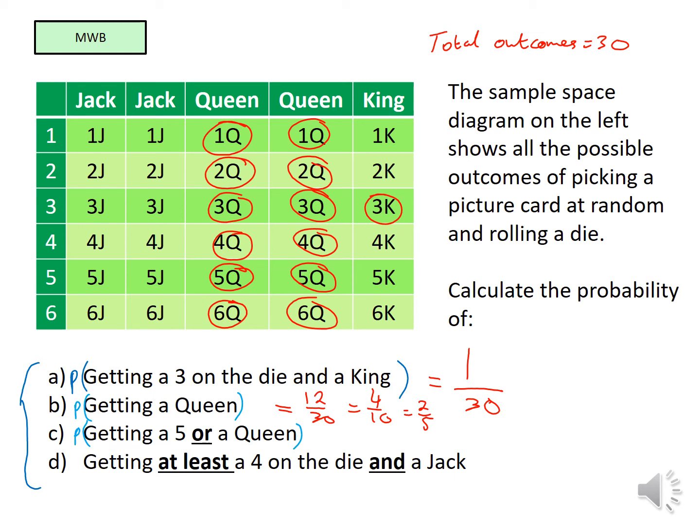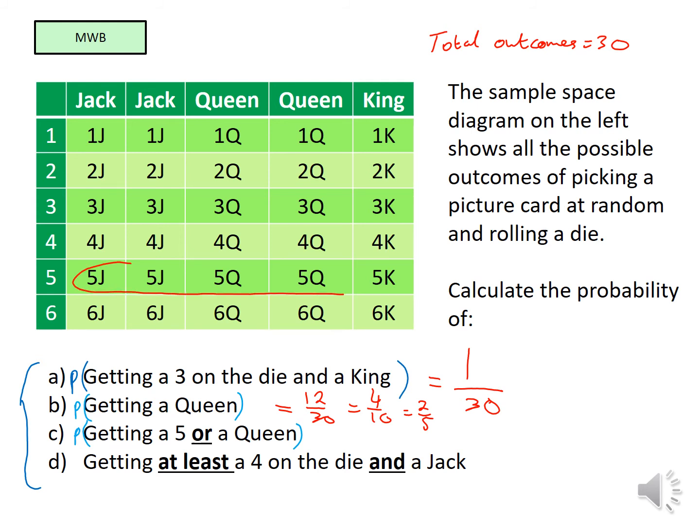Okay, now the probability of getting a 5 or a queen. Remember it says a 5 or a queen, so we need to highlight any of the ones which have a 5 or a queen. The ones which have a 5 will be all of these here, and the ones which have queens will be all of these ones here. So how many do we have in total?